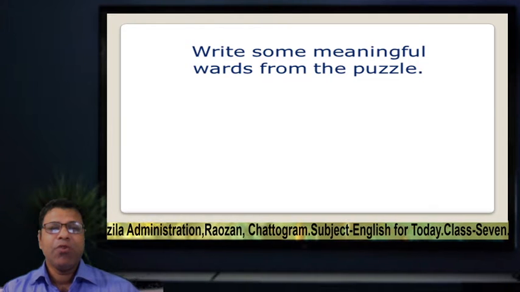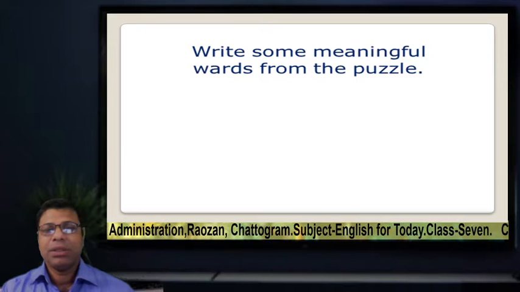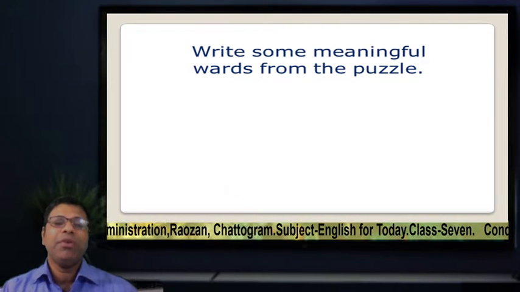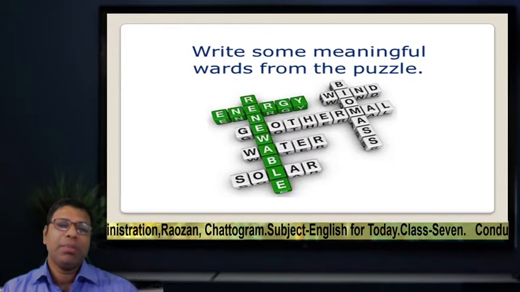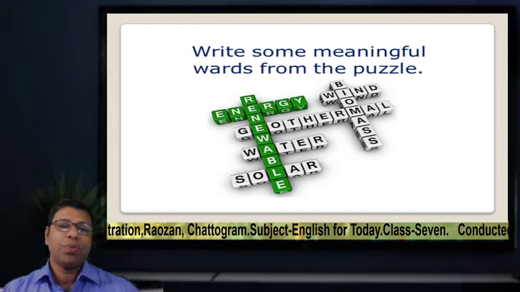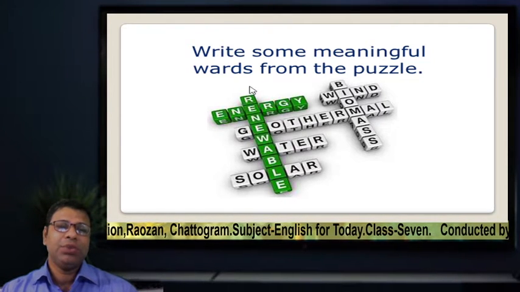Write some meaningful words from the puzzles. Now you will get two types of puzzles. You have to make words. Look at the puzzles. For the first one, renewable energy. This is one word, isn't it?